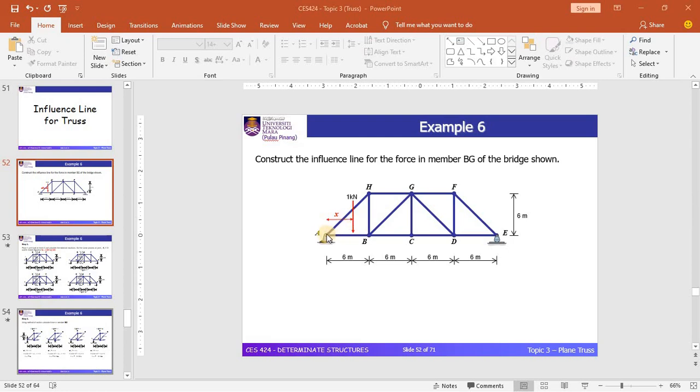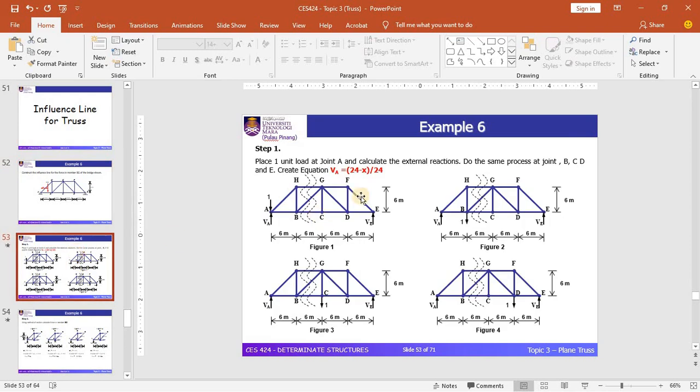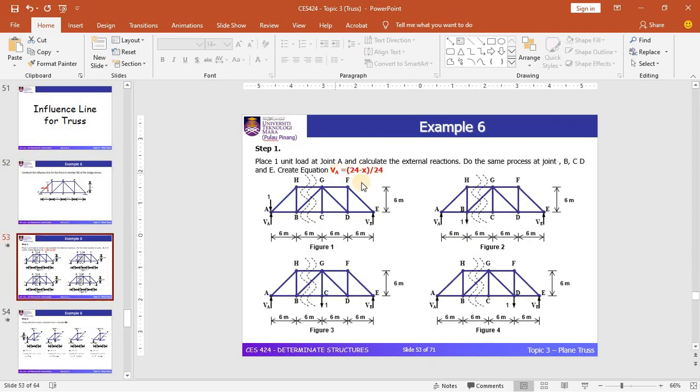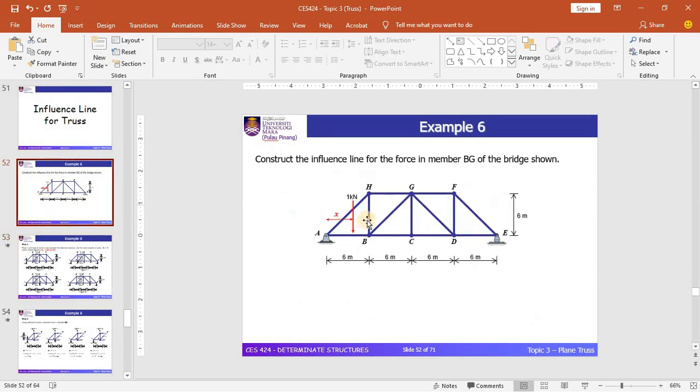By taking moment at point A, you can see that we have 1 multiplied by x, and VE multiplied by 24. So you will get the equation of VE, and by considering the summation of vertical forces equal to 0, you will get VA. This is what I have simplified in this slide. You can verify by yourself how to get this VA equation based on this free body diagram.